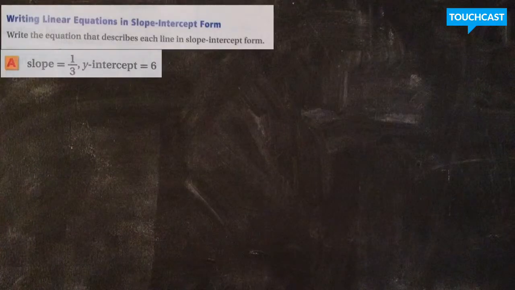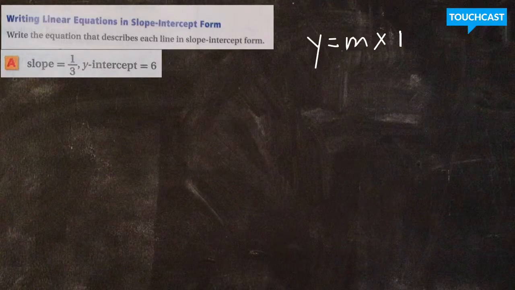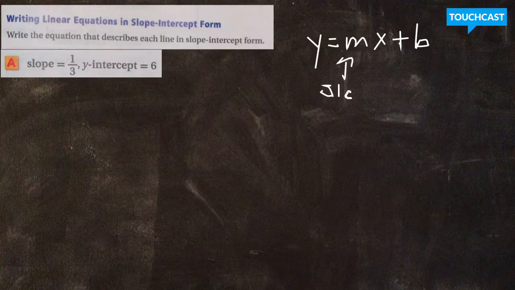So now we're going to look at writing equations that are in slope-intercept form. So we're given a slope and we're given the y-intercept. We know that we need to get our equations in the form y equals mx plus b. And the easy thing is we just have to identify each part. So m is always the slope, and b is always the y-intercept.